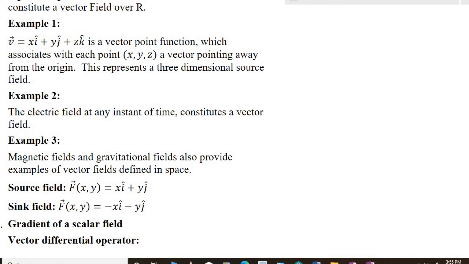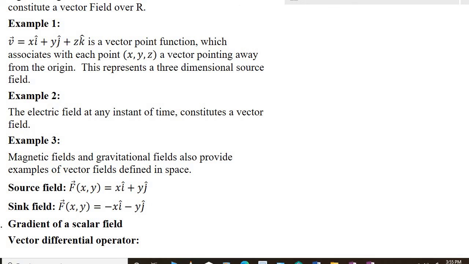This represents a three-dimensional source field. Example 2. The electric field at any instant of time constitutes a vector field. Magnetic fields and gravitational fields are also examples of vector fields defined in space.